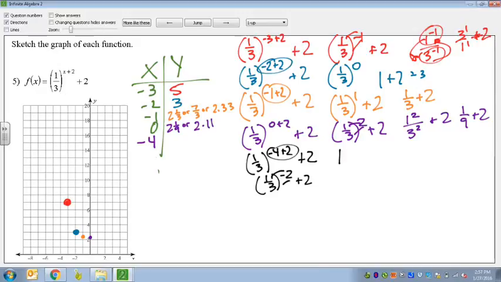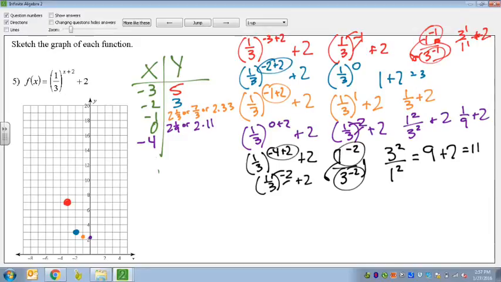So I'd have 1 to the -2 over 3 to the -2. These need to switch places. So I'd have 3 squared over 1 squared, which is 9. And then 9 plus 2 equals 11. Okay, so at -4, it's 11. So that goes about here.